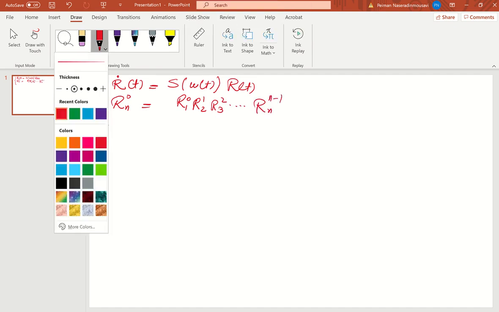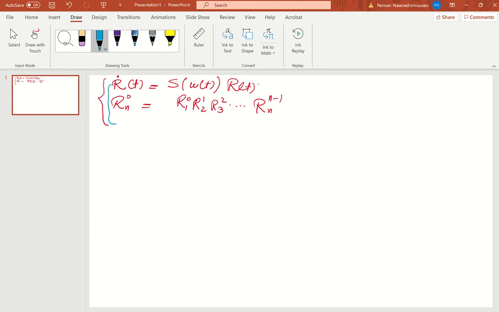By using this relation, we established in the previous class that the angular velocity of the end effector of a robot with respect to the base coordinate system is the angular velocity of frame 1 with respect to 0, plus the rotation matrix of frame 1 with respect to 0 times omega 2 with respect to 1, plus the rotation matrix of frame 2 with respect to 0 times omega 3 with respect to 2, and so on until we get R n minus 1 with respect to 0 times omega n with respect to n minus 1.